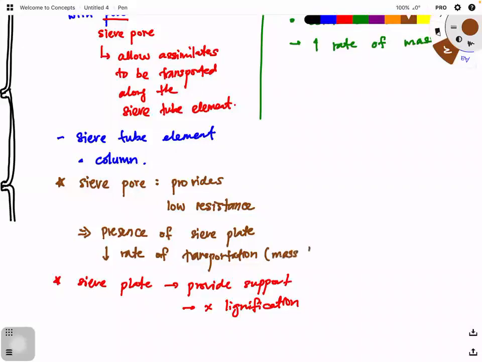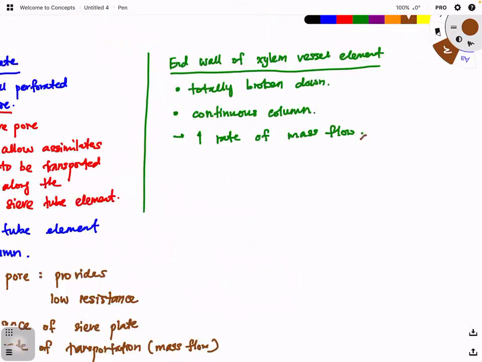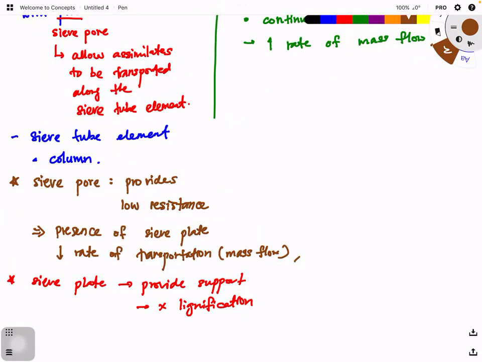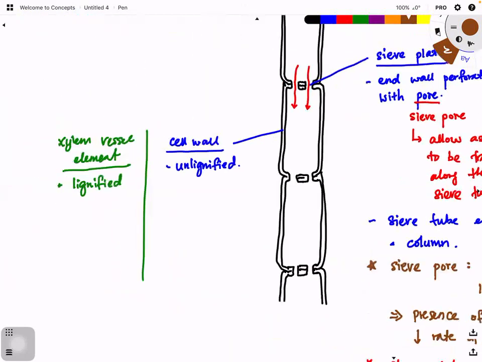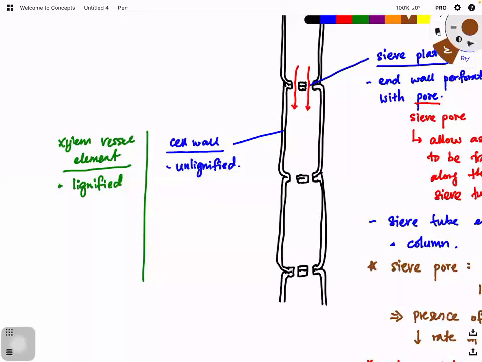The transportation rate in the vessel element will be higher than in the sieve tube element, but we cannot get rid of the sieve plate because it provides support, as the walls of the sieve tube elements are unlignified compared to the xylem vessel element, which is lignified.